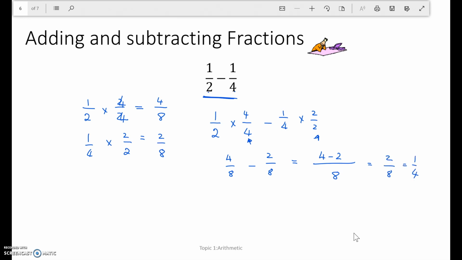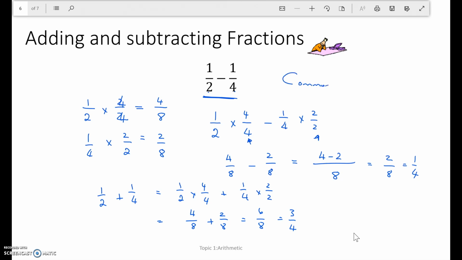And it's the same if we were adding. If we were saying a half plus a quarter, we would change that to having a common denominator of 8. So that would be 4 over 8 plus 2 over 8, which is 6 over 8. So you must find a common denominator.